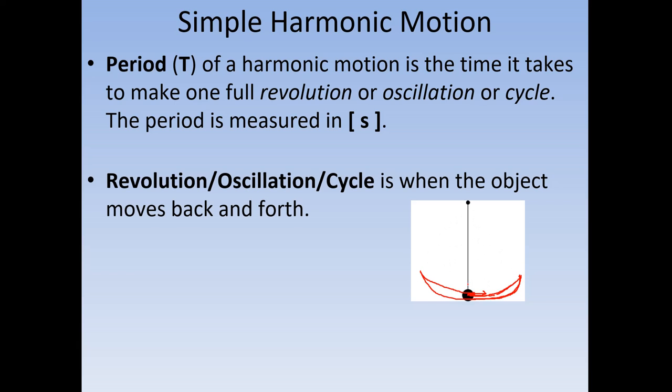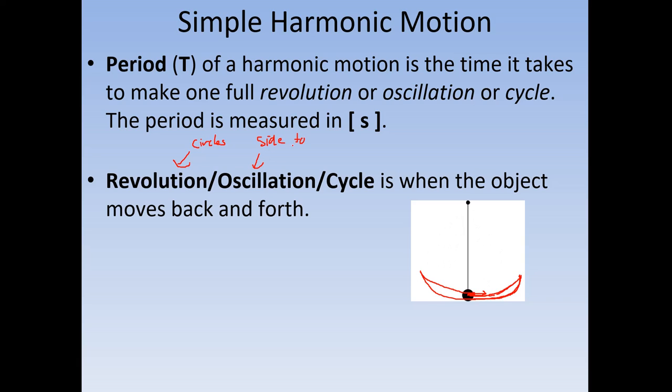The terms revolution, oscillations, and cycles are all for the most part interchangeable. You'll see them thrown around in various questions. Usually they get asked for different scenarios, like revolution tends to be used for objects moving in complete circles. Oscillations would be things that basically shift from side to side.